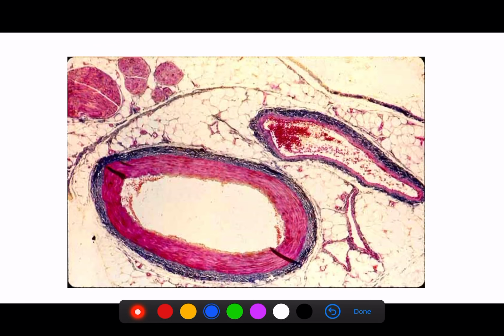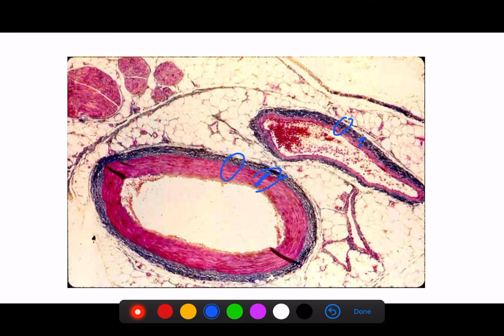This important difference helps us in pathology to identify which vessel type we have under the microscope, artery or vein. The artery, as we say, has a big tunica media and a small tunica adventitia. The vein has the opposite: a thick tunica adventitia and a small tunica media.